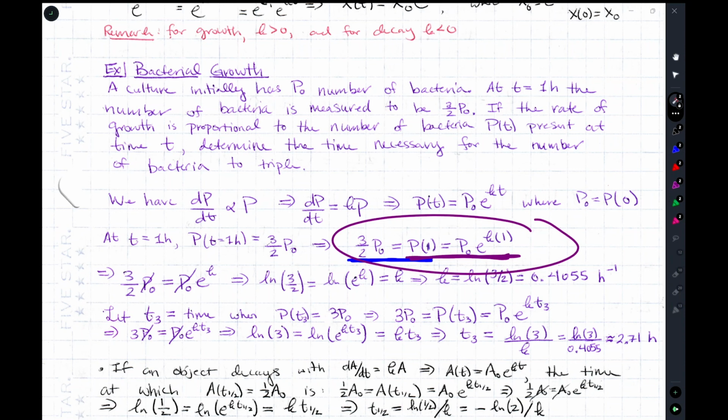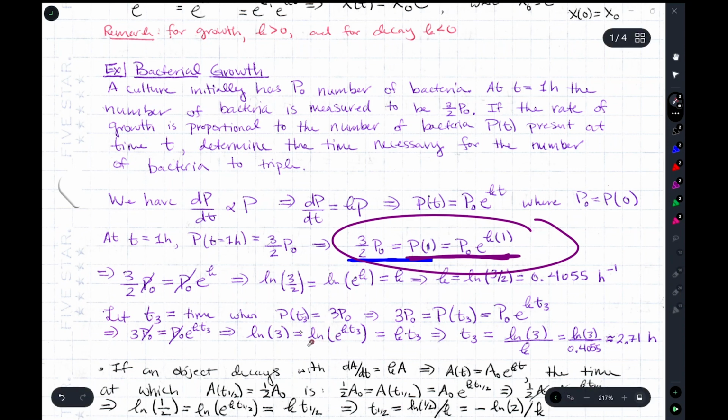And then we're going to solve for the time when P equals 3 P naught, okay? So we know after 1 hour, you get 3/2 P naught. When will you get 3 times the population? Okay, instead of 1.5, 3 times the population.